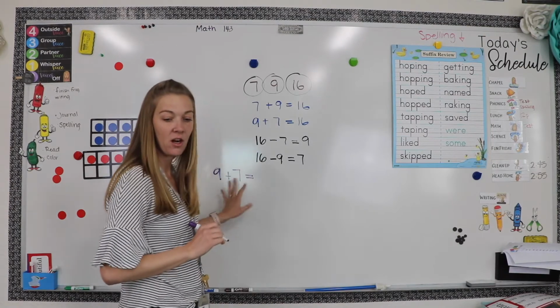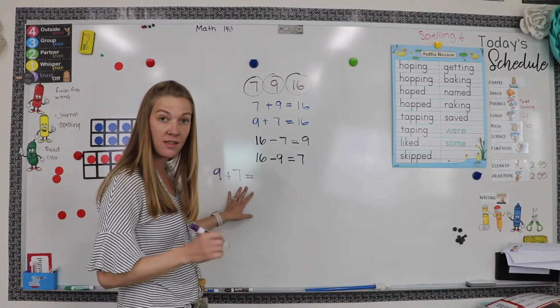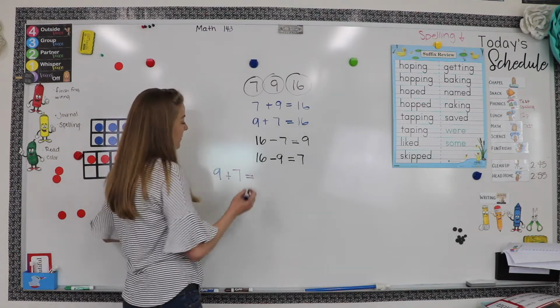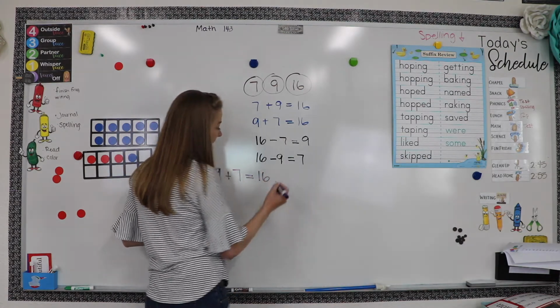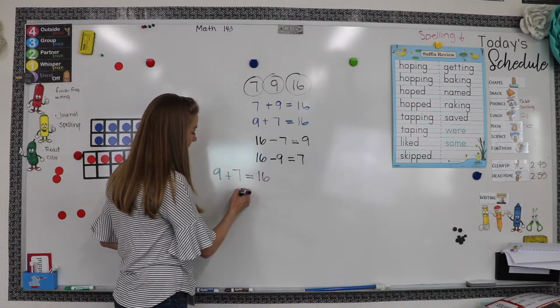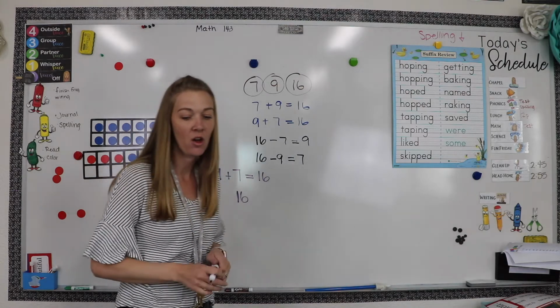How many fish are there in all? And there should be a picture of little fishies. Start counting some fishies. So 9 plus 7 equals what? 16. So I need to write the 16 here, and then you'll see a little box at the bottom, and you need to complete the sentence stating that there are 16 fish in all.